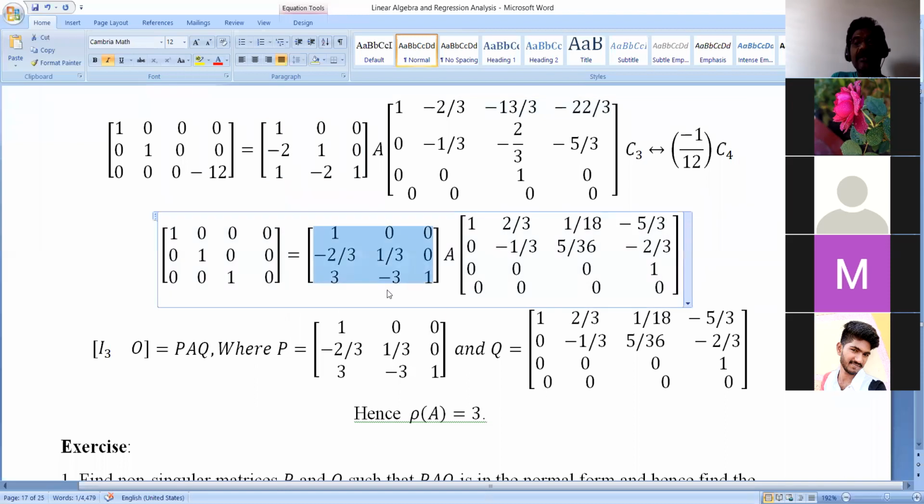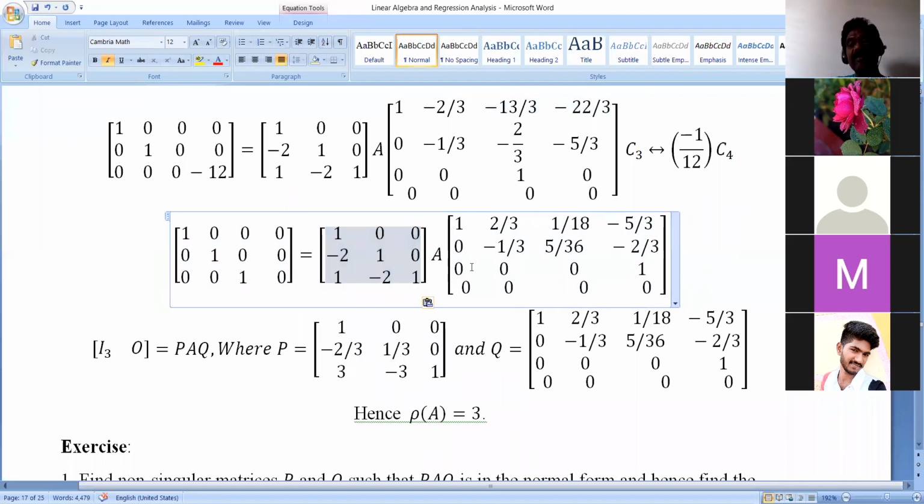Same as the above matrix, we multiply A into, now minus 2 by 3, minus 1 by 3, 0 0 0. Next, multiplying this minus 13 by 3 into minus 1 by 12.